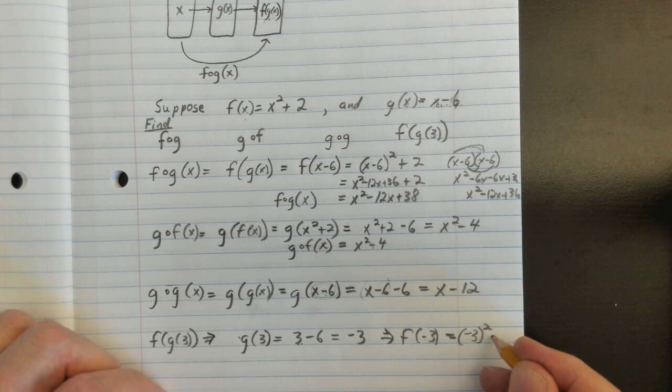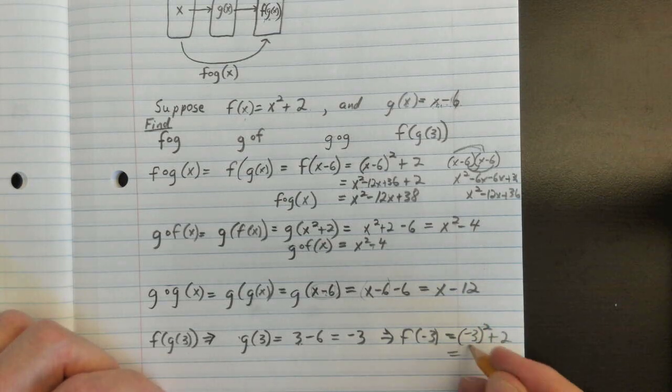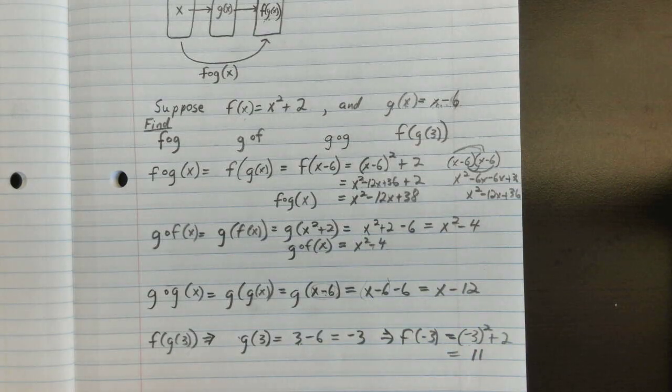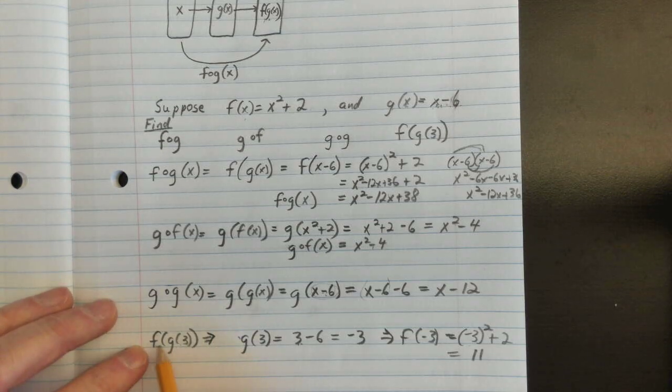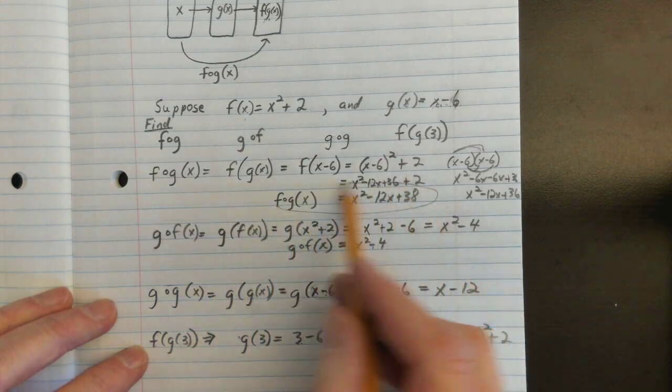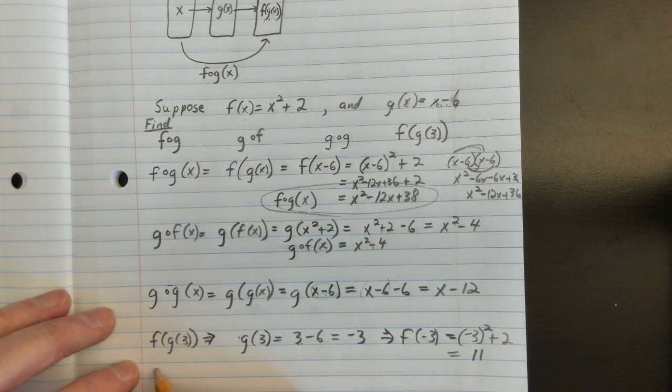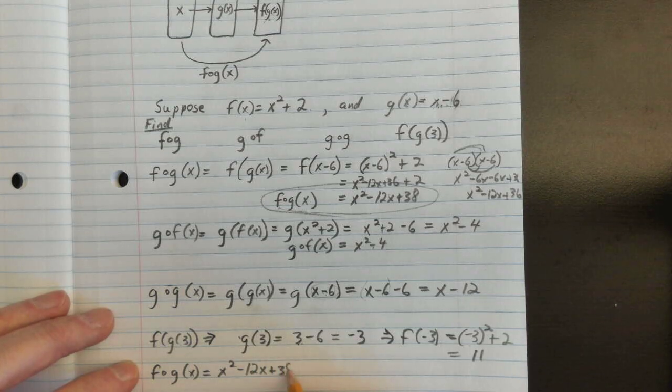which is negative 3 squared plus 2, and that's 9 plus 2, which is 11. Okay, now the other way we could do that, f of g of 3. You see where we have this f circle g of x? Remember, f circle g of x is x squared minus 12x plus 38.